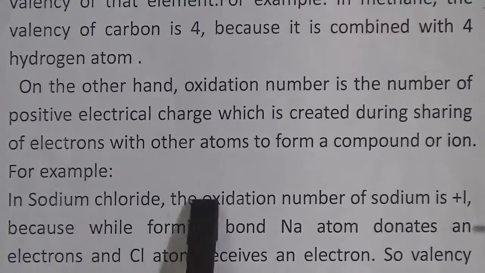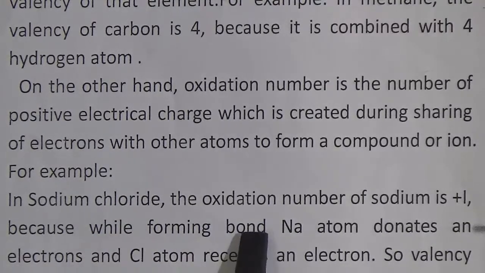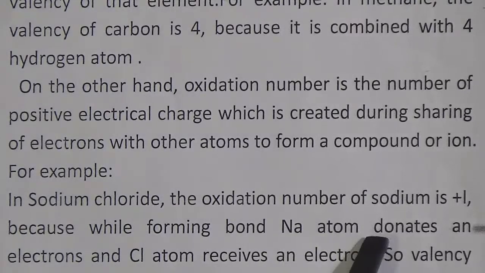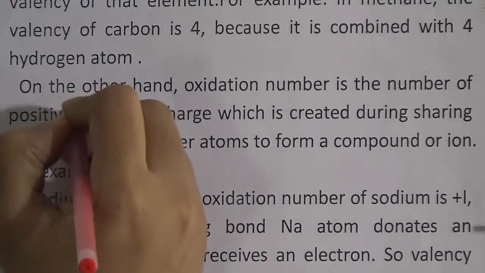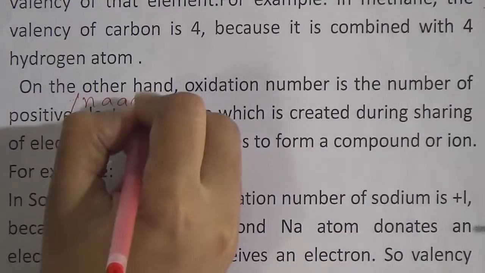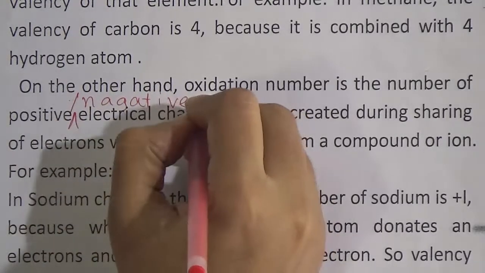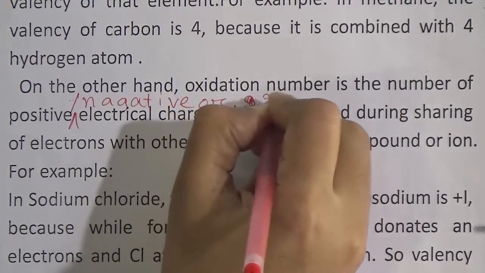For example, in sodium chloride the oxidation number of sodium is +1 because while forming the bond the sodium atom donates an electron and chlorine receives an electron. So valency and oxidation number are not the same. Dear students, the oxidation number can be positive, negative or 0.